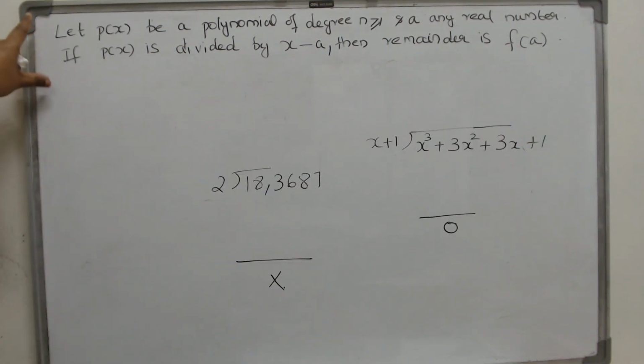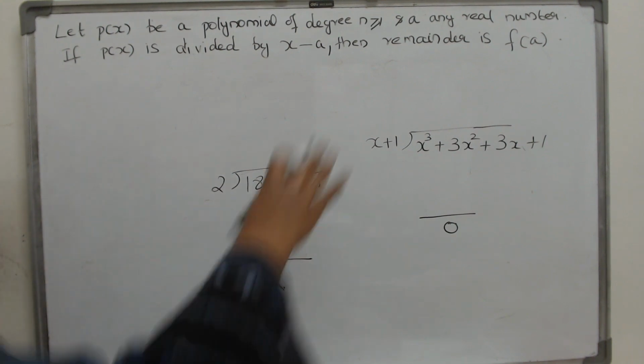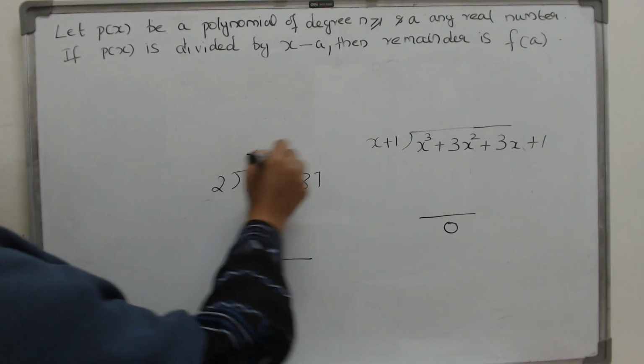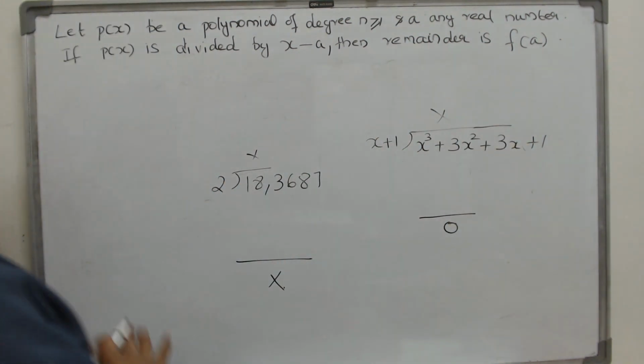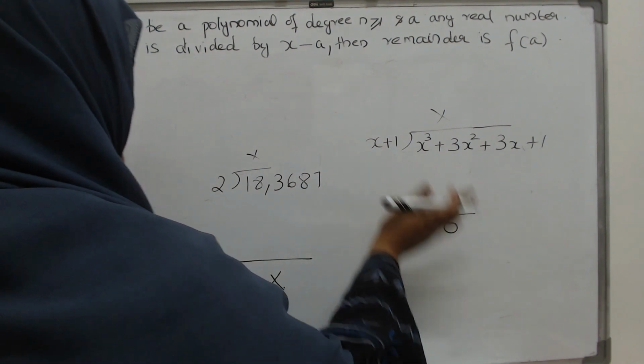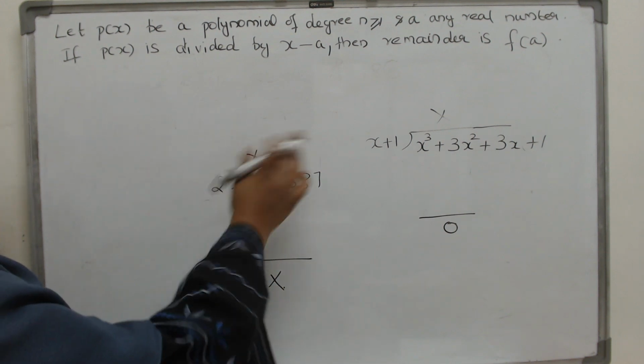Now let us see the advantages and the disadvantages of the remainder theorem. The first disadvantage, which both the divisibility test and the remainder theorem have, what is it? You cannot know what the quotient is. You have no idea. You just know what the remainder is. In both cases, you have no way of knowing what your quotient is.